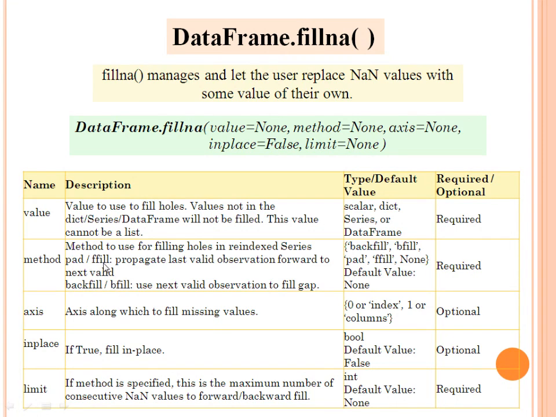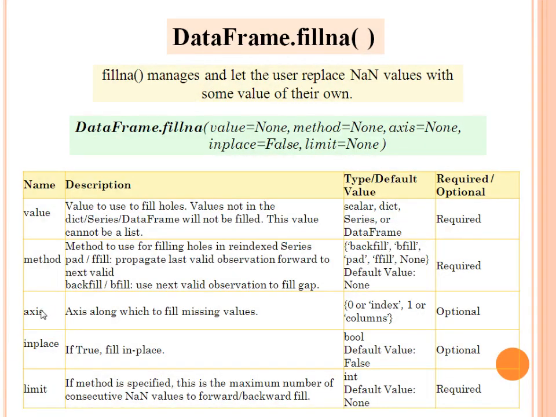Children, ffill helps us to fill the NaN values with the above given value. Okay, this will be clear in the video. And bfill helps the method to fill the values according to the next observation.